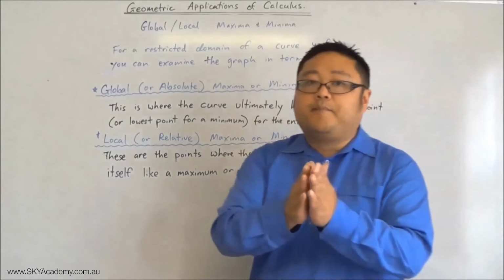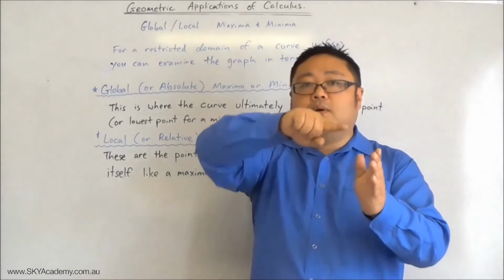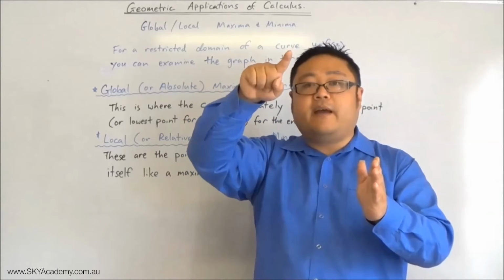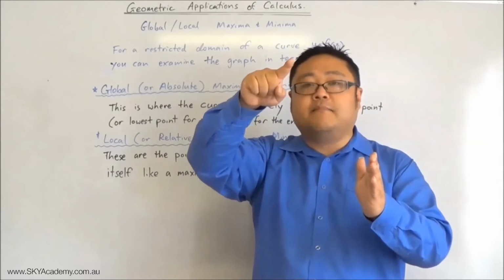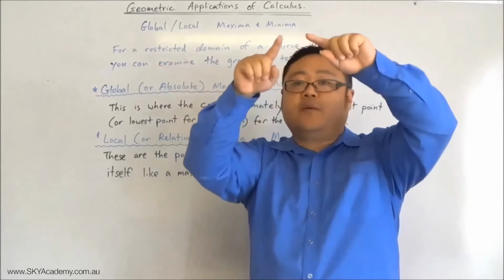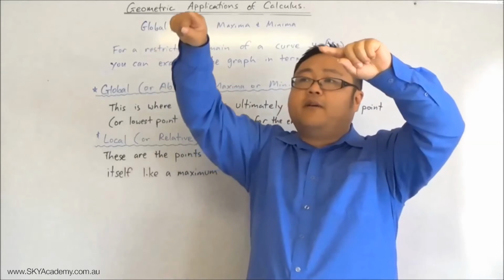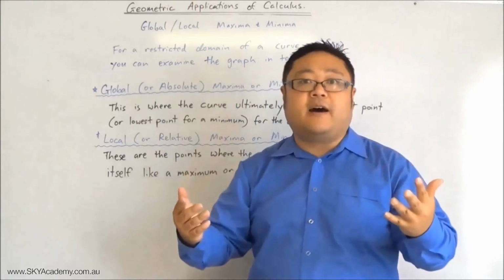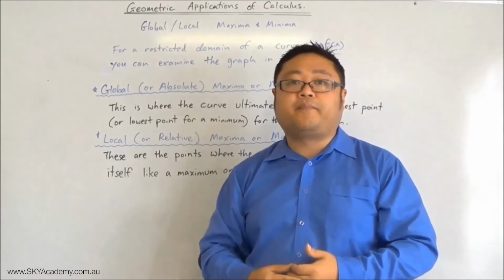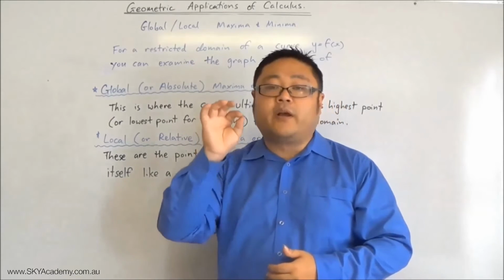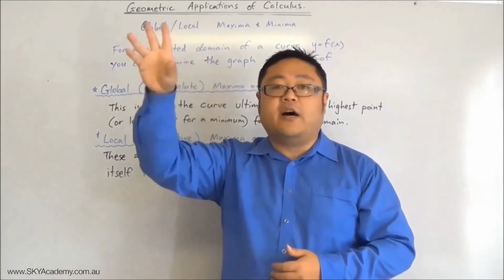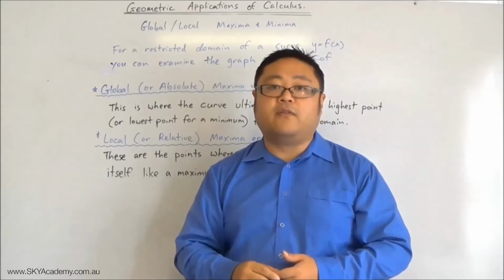So just because a curve is at its highest point at one particular part of the curve doesn't mean it's going to be the ultimate maximum minimum, because the curve may then turn back on itself again and go even higher, in which case that's where the new maximum would be. Okay, so that's what a global maximum or minimum point is. It's the highest or the lowest point of the curve.